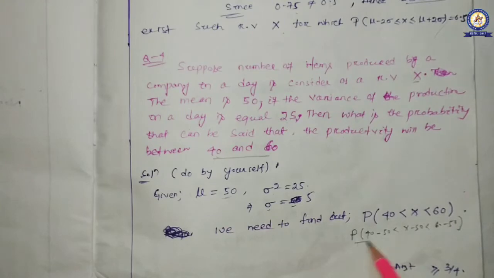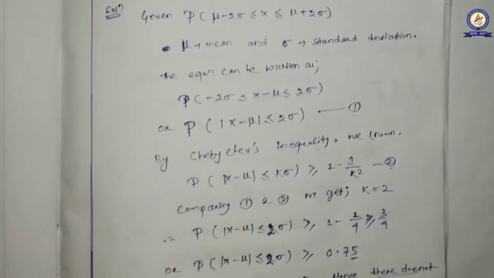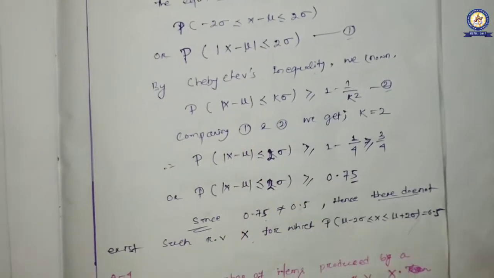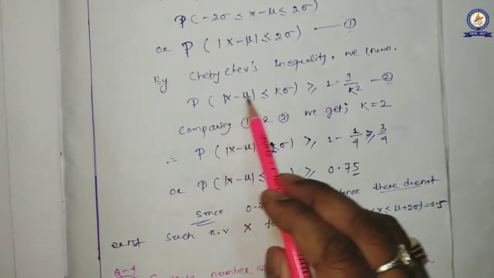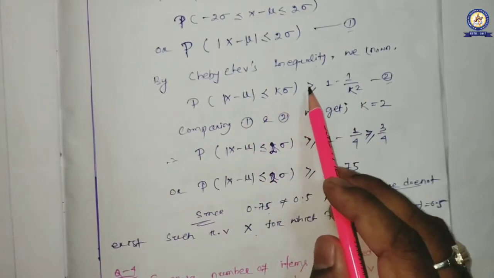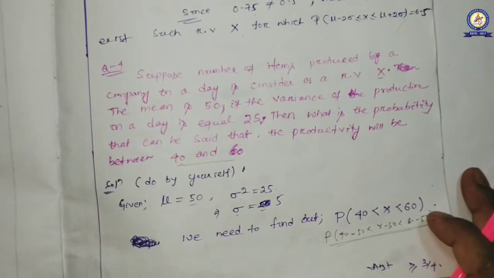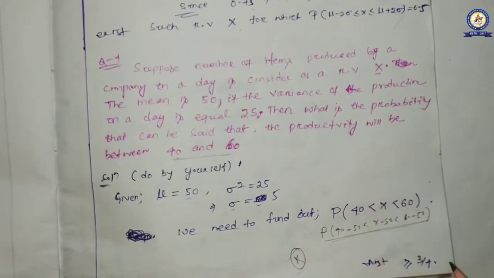After doing this, you make it equivalent with Chebyshev's inequality. By comparing with this value, you can find the k value, and using that k value you can find the probability, which will be 3 by 4. You just do it by yourself. Okay.